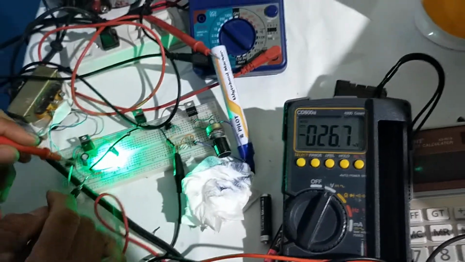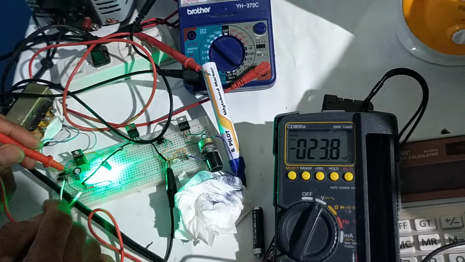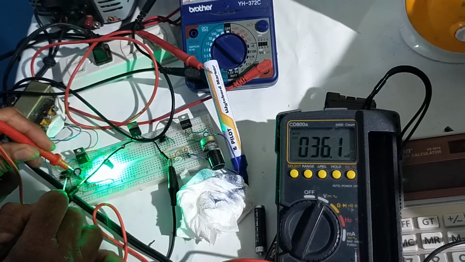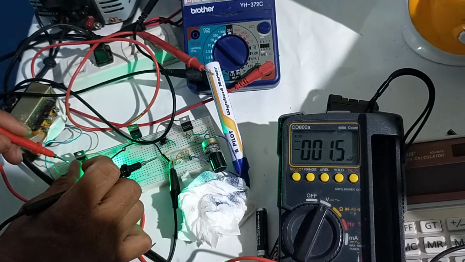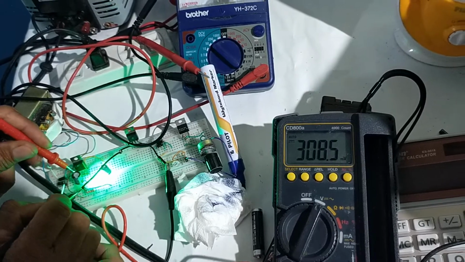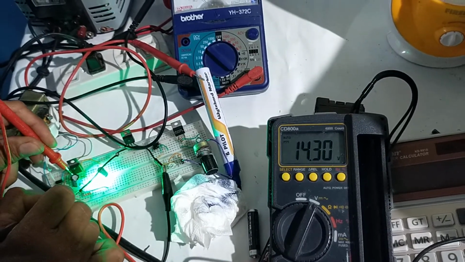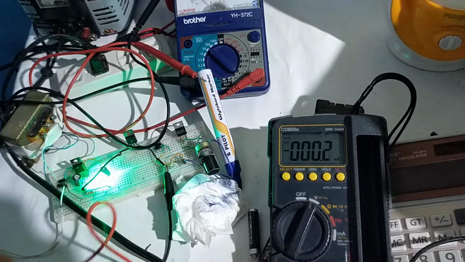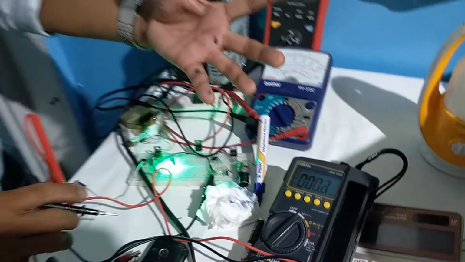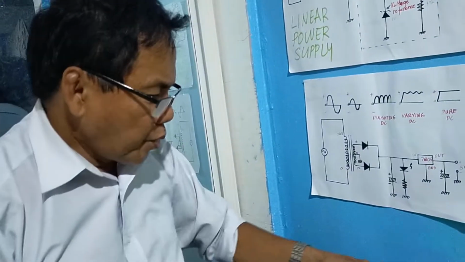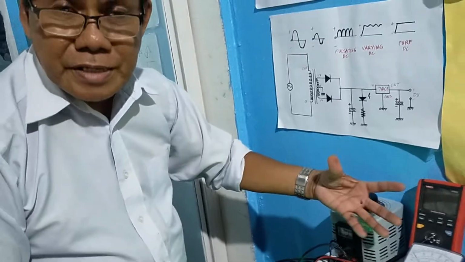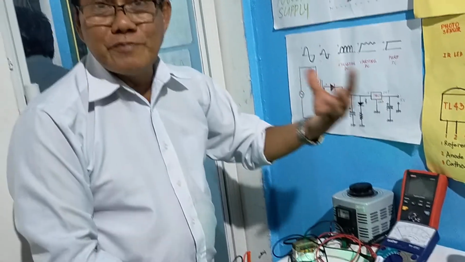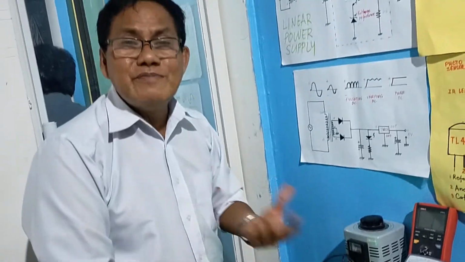Across the capacitor now, in DC volts, it is 14. A while ago, that was 16 volts across the capacitor when the voltage at the outlet was 230. When it was increased to 240, the voltage across the capacitor increased to 17 volts.